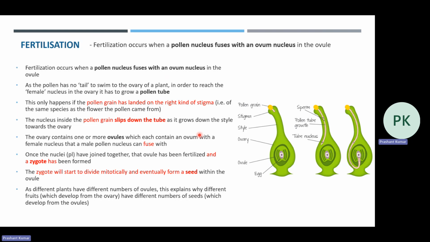Once the zygote is formed, it will divide by mitotic division, and this division takes place within the ovule. Different plants have different numbers of ovules, so this explains why different fruits have different numbers of seeds, because they develop within the ovules.